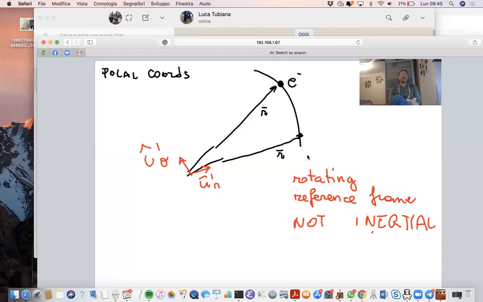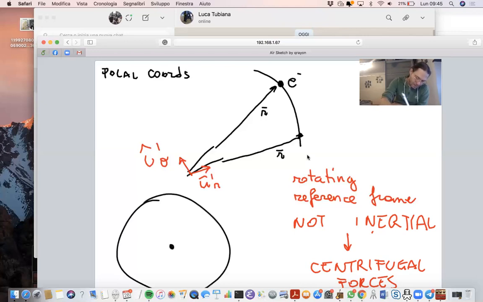The fact that I have a non-inertial frame will come at the price of having a centrifugal force. So basically, we are in the same situation as the famous example of a non-inertial frame, one of those rotating platforms for kids at the kindergarten, and you have the classical example of a small kid.